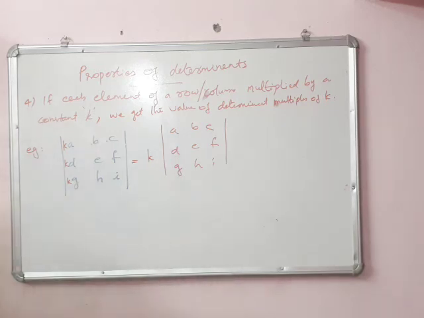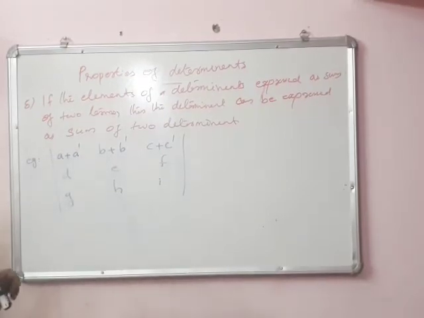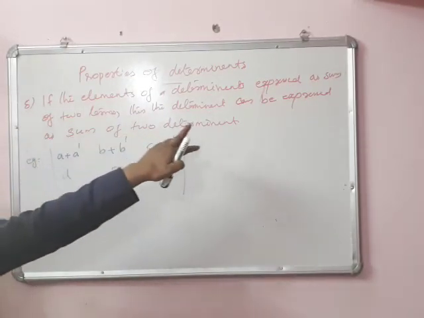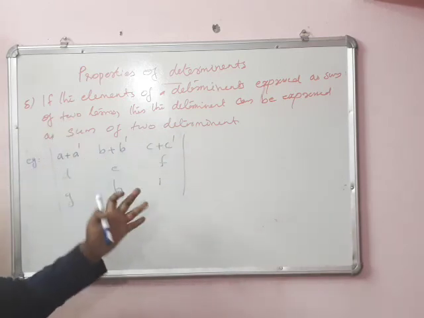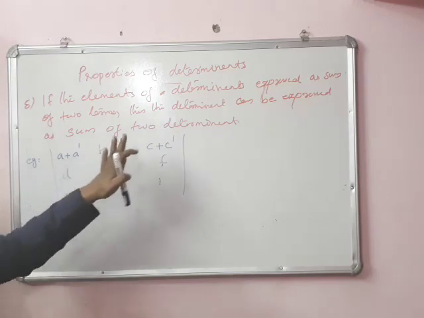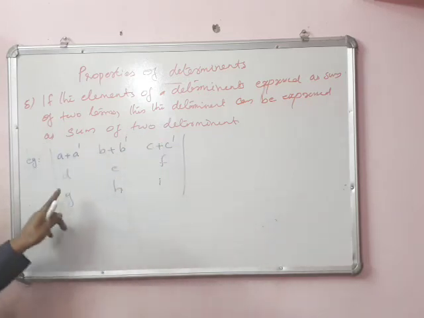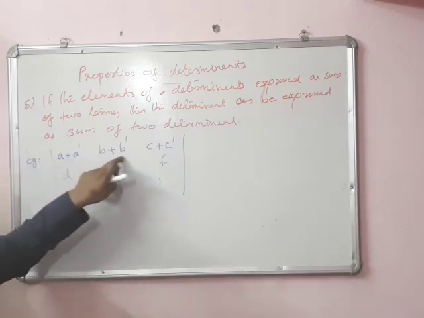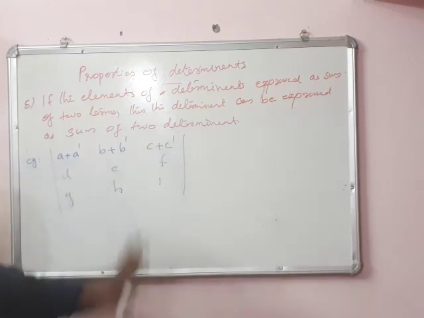Then the fifth property. Listen. If the elements of a determinant are expressed as a sum of 2 terms, or 3 terms, anyway a sum of terms, then the determinant can be expressed as a sum of 2 determinants. Suppose I express the first row as A plus A dash, B plus B dash, C plus C dash.